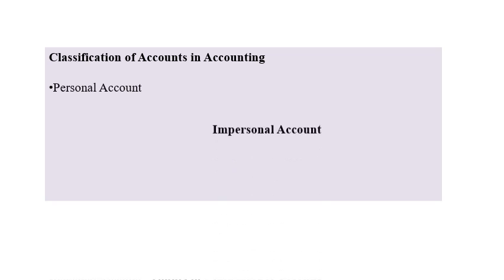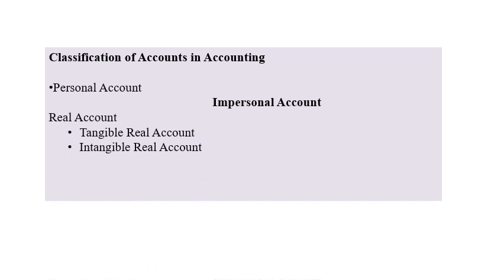Now, the next classification is impersonal account. And impersonal account again has two classifications. First one, real account. In real account, there are two types: tangible real account and intangible real account. Tangible real account means you can touch, you can feel. These are all considered under tangible real account.